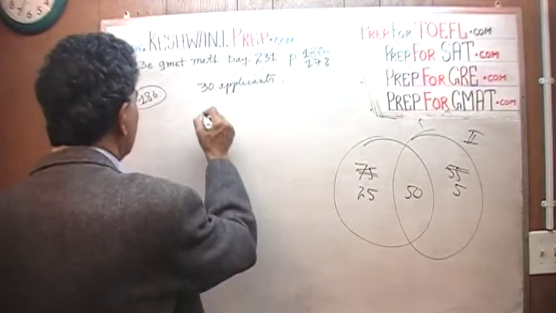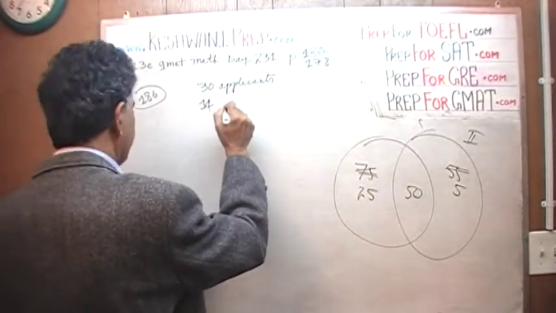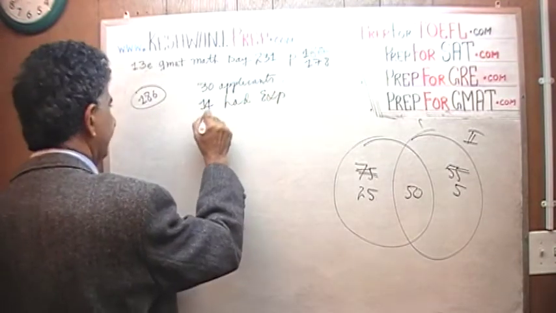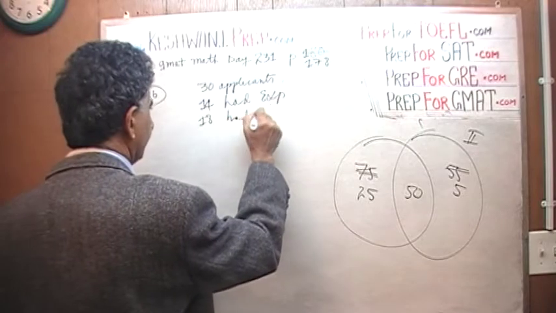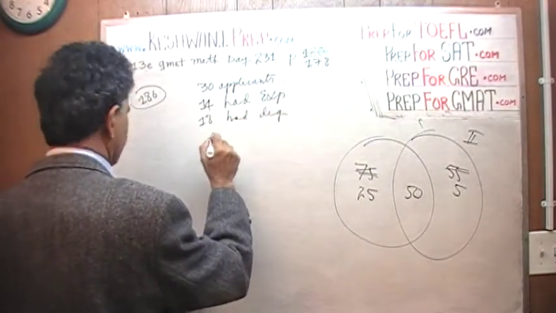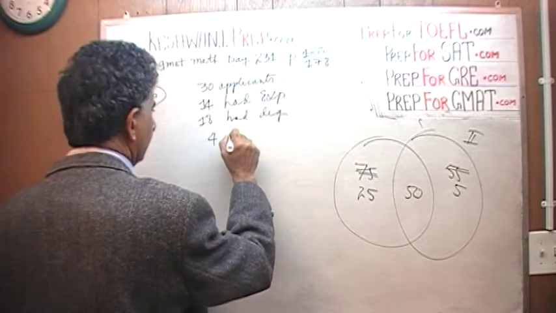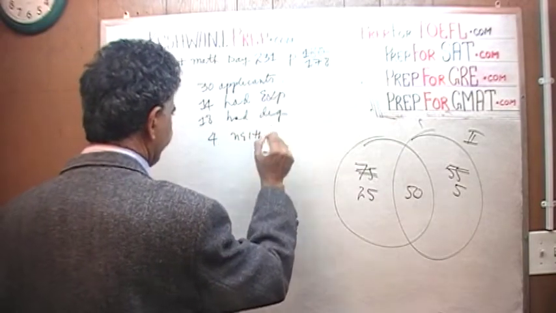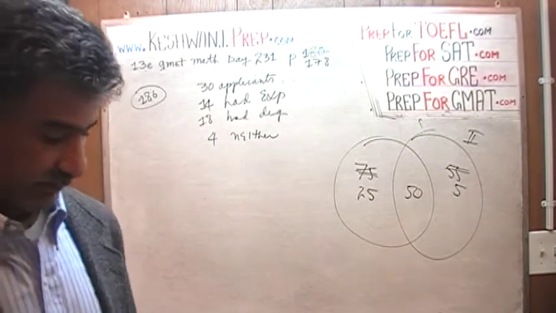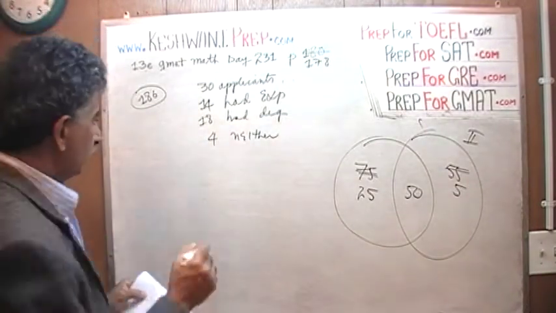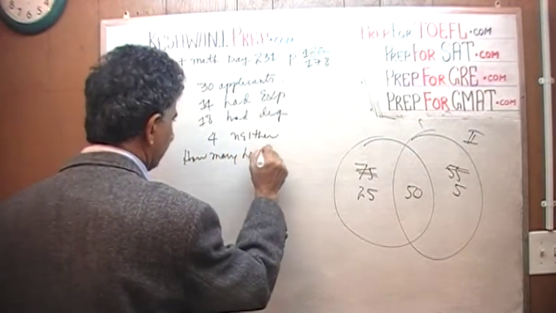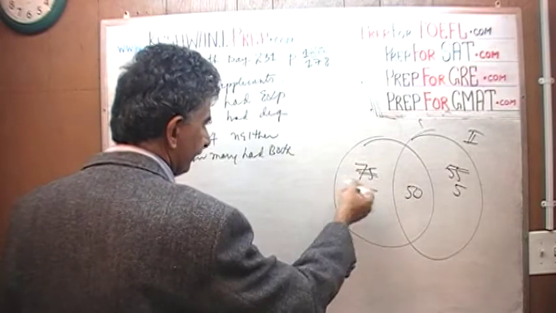We were told that 14 of them had experience, 18 had degrees, and 4 of them had neither. Four people had neither a college degree nor any work experience out of the 30 applicants. The question was, how many had both? You'll see the similarity in a second.